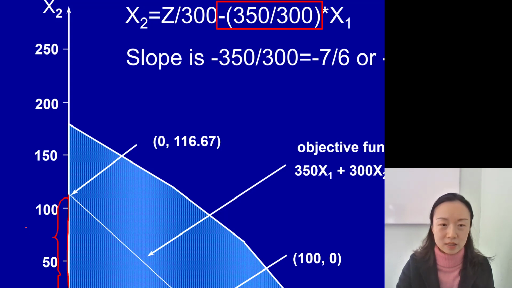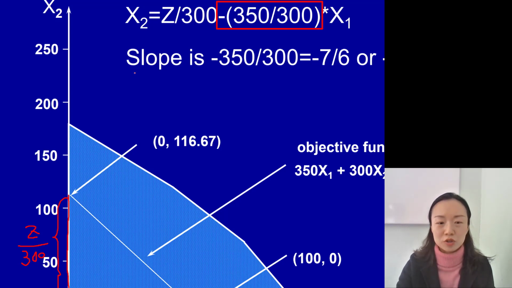Okay, and this part is our z divided by 300, and our z value equals 35,000. So if you use 35,000 divided by 300, you would get this value here, which is the intercept on our x2 axis.